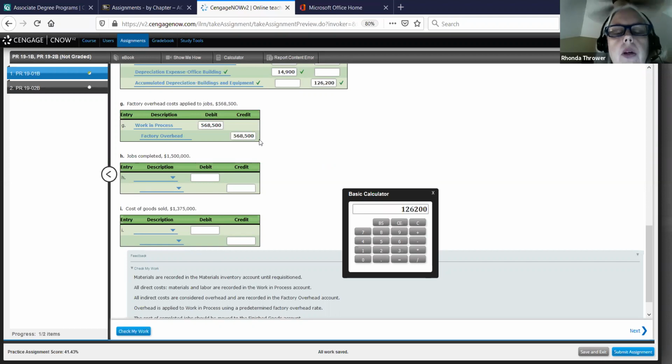So at the end of the period, you could have a balance left over that would be either over applied or under applied factory overhead. Be sure and read your chapter to see about that overhead that's applied and under applied. So I think that's an important part of learning how to do these transactions and fully understanding them.